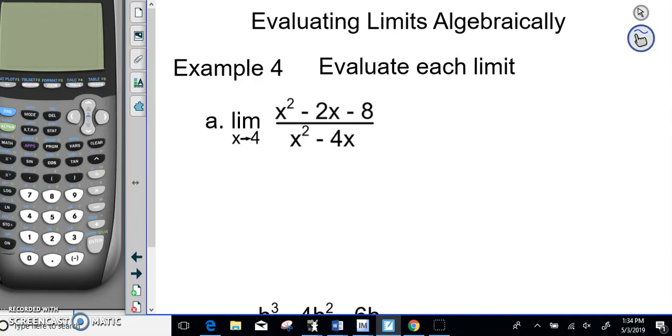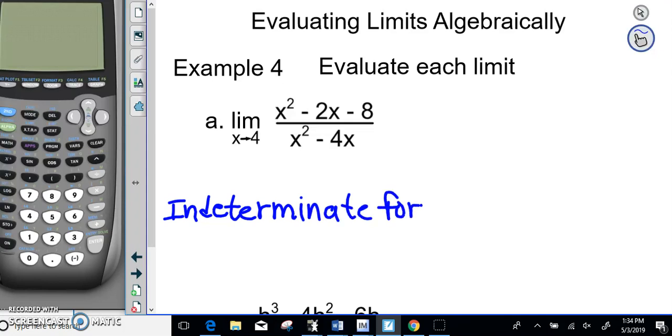One thing I want you to make sure you understand, which you'll talk about in calculus also, is something called an indeterminate form. All this means is when you substitute a value, like 4, into the x values and then solve it out.